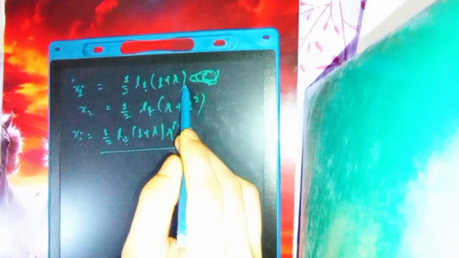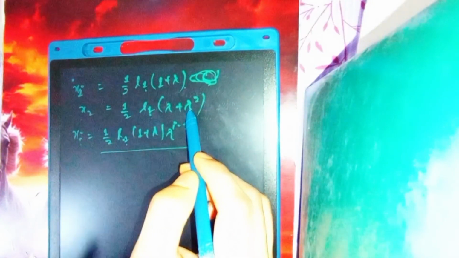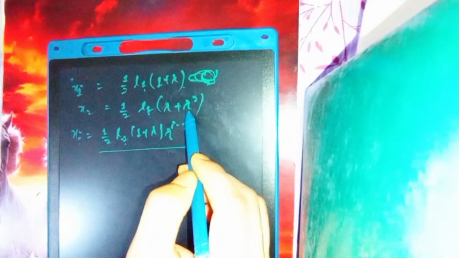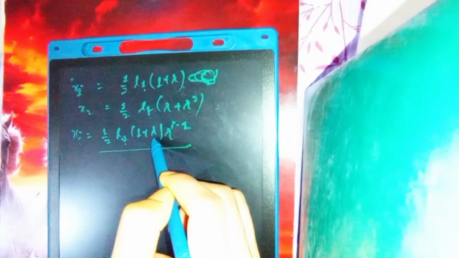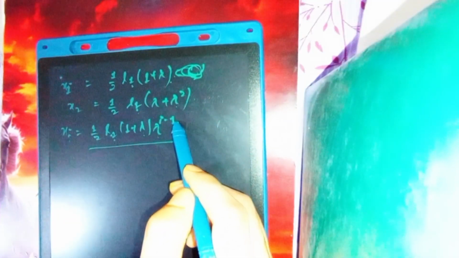For x1 this is 1 plus lambda, for x2 this is again 1 plus lambda if we take lambda common, so for xi also this will again be 1 plus lambda. Here nothing is common. If we take 1 plus lambda common, lambda will be here, so it will be lambda to the power i minus 1. What we can write is 1 by 2 L1 times 1 plus lambda, and lambda will be common.